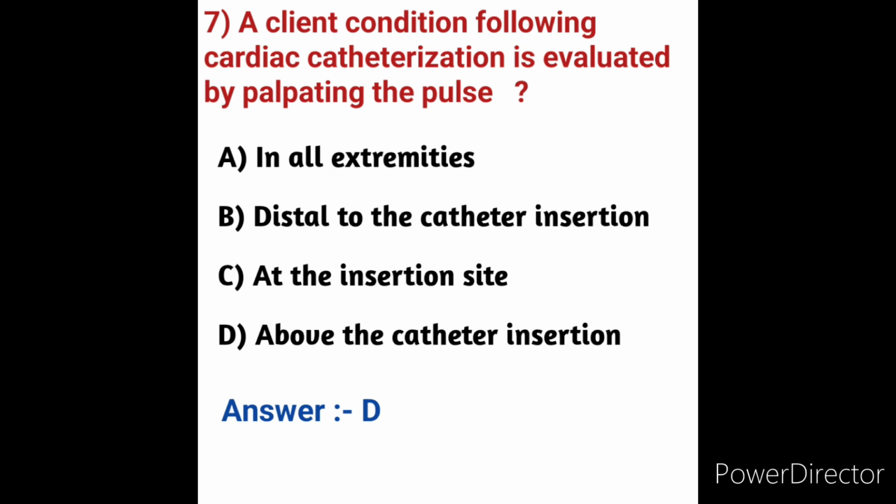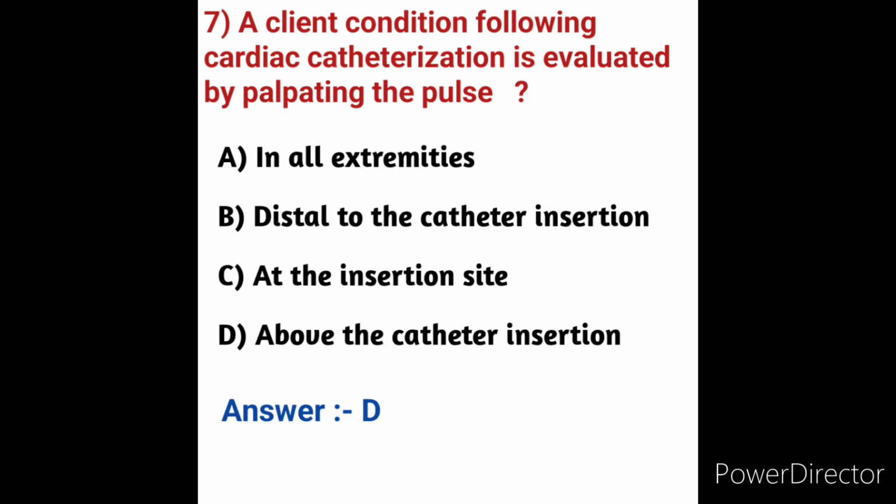Option A, in all extremities. Option B, distal to the catheter insertion. Option C, at the insertion site. And option D, above the catheter insertion. To evaluate a client's condition following cardiac catheterization, palpation of the distal pulse is the correct answer. Distal to the catheter insertion, option B, is the correct answer here.